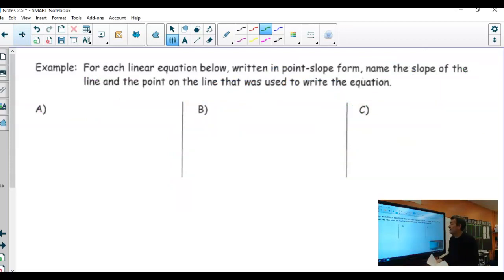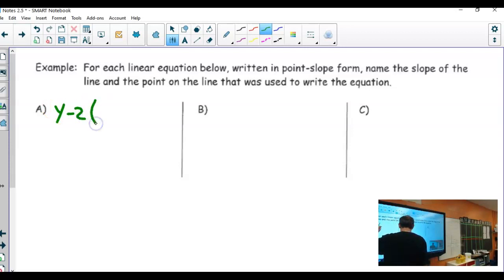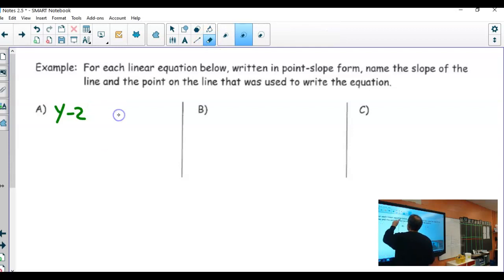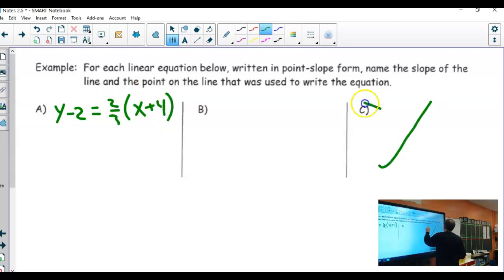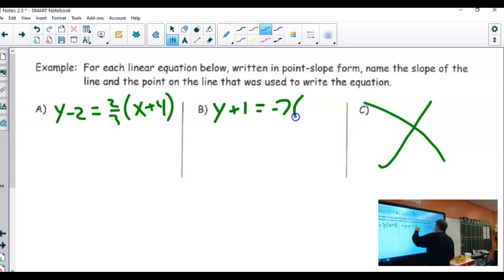I want to put some equations up here real quick and see if you can tell me the slope, 2/3 times, we'll just do 2 of them. I don't need to do 3 of them. Get rid of that guy. Let's save a little time. Y plus 1 equals -7x minus 5.